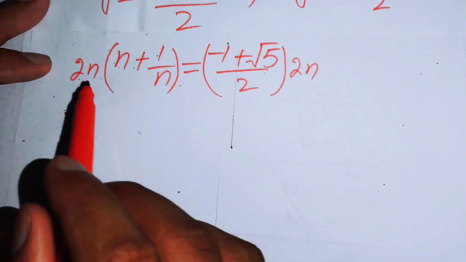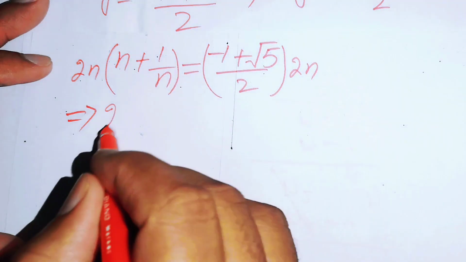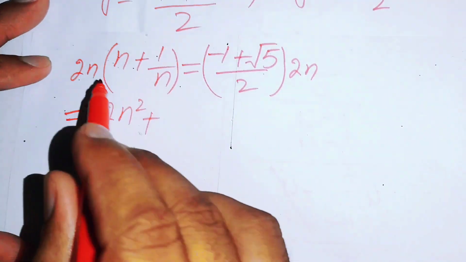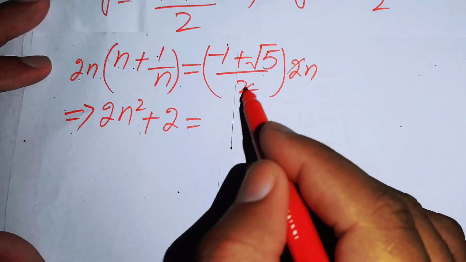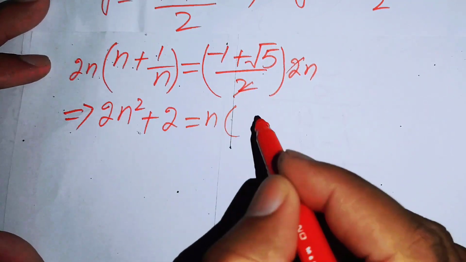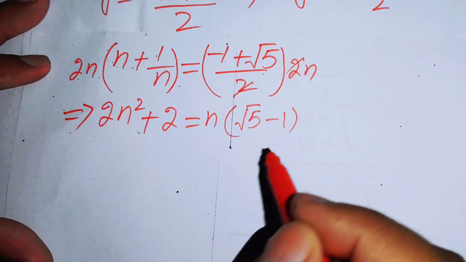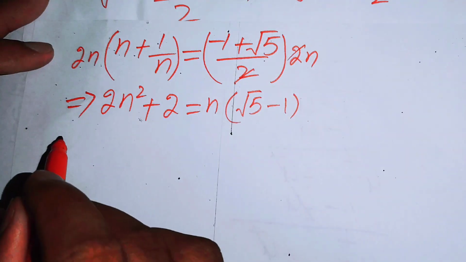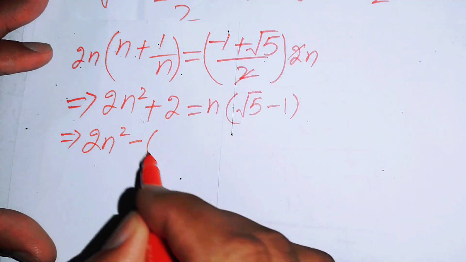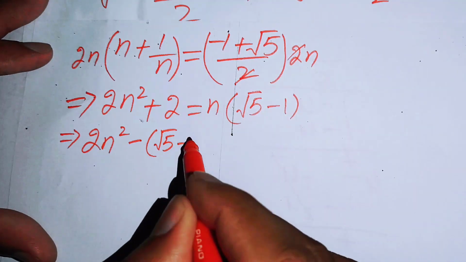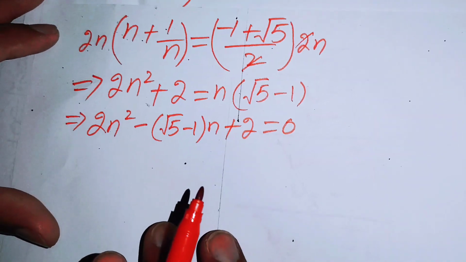Here you see that this 2n is multiplied by this equation, and you obtain 2n squared, plus 2 when 2n is multiplied here, equals, this 2 and 2 are gone, and you get n times square root 5 minus 1. And now we move this to the left hand side, and you get 2n squared minus square root of 5 minus 1 into n plus 2 equals 0.